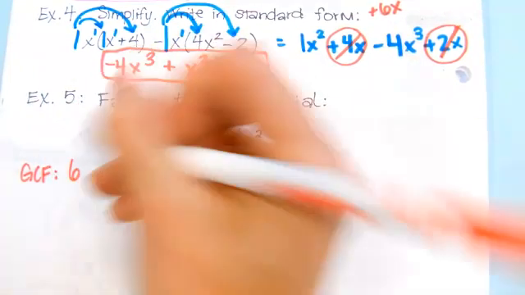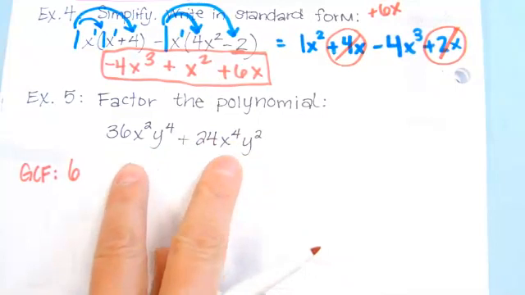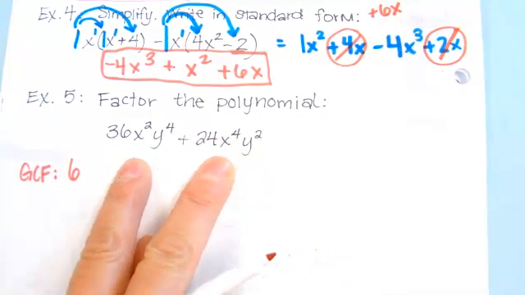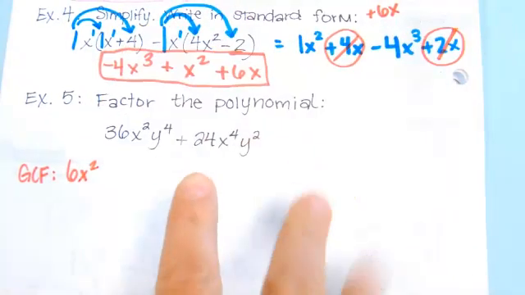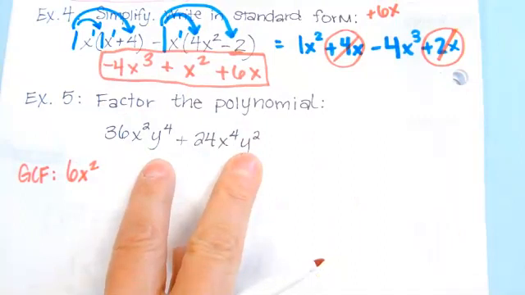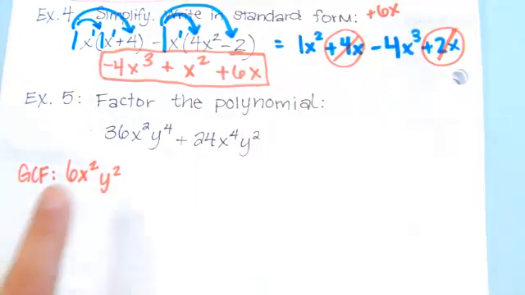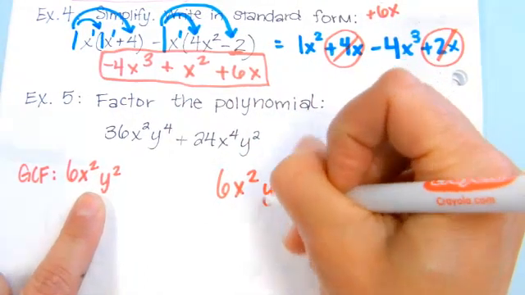Now, think of this as two separate ones. What's the maximum number of x's you could take out of both? 2. What is the maximum number of y's you could take out of both? Also 2. So this is what goes on the outside of our parentheses, 6x squared y squared.